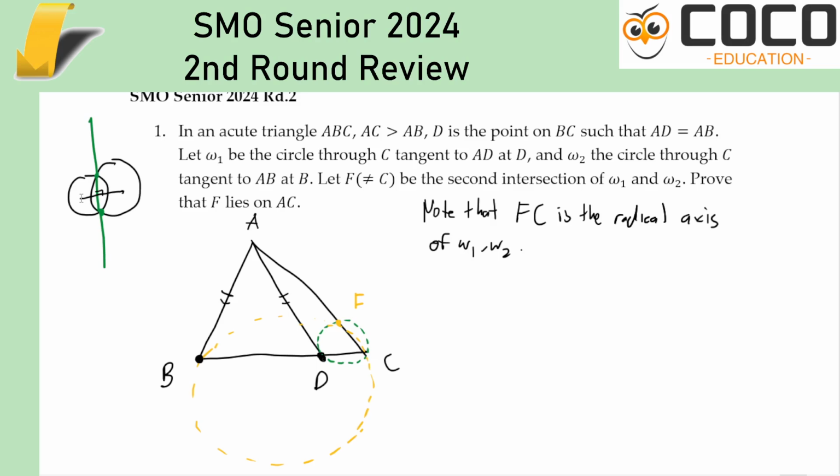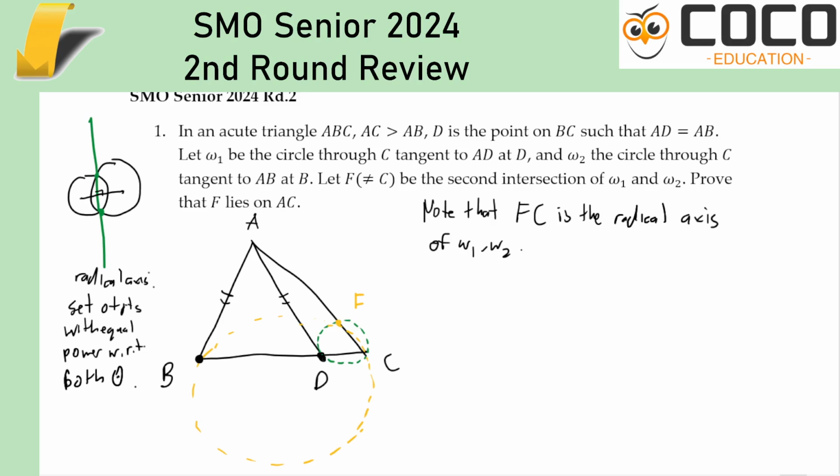Its definition is actually the set of points with equal power with respect to both circles. Now, the power refers to the power of a point in your, let's say, tangent secant theorem, intersecting secants, intersecting chords, right?